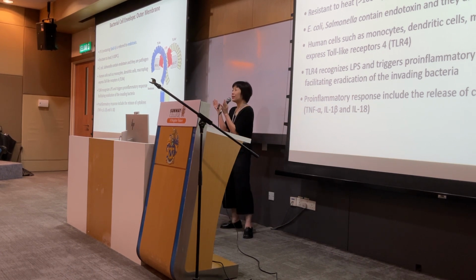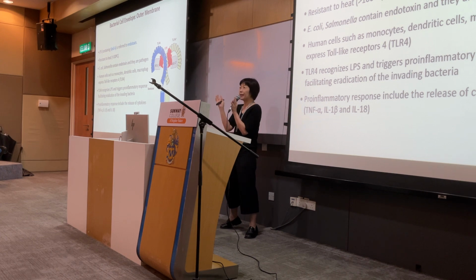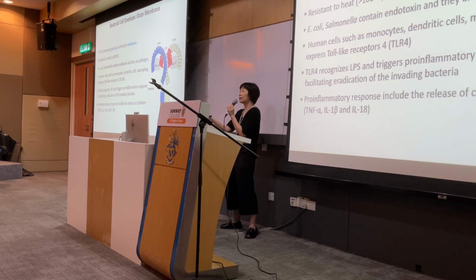Exotoxin does not refer to something like LPS, which is part of the structure of the bacteria. Exotoxin is a toxin that is purposely produced by the bacteria and released out as a toxin, and it also causes harm to human cells. So you have exotoxin and endotoxin.